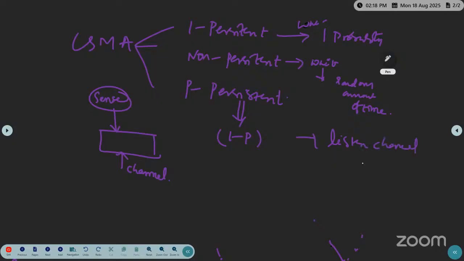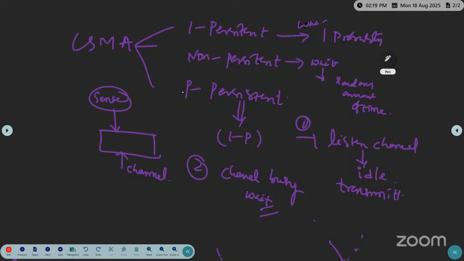If the channel is idle, we need to transmit the data.